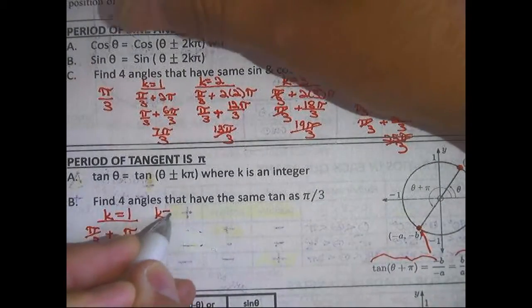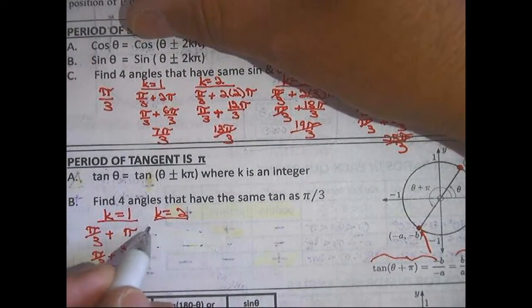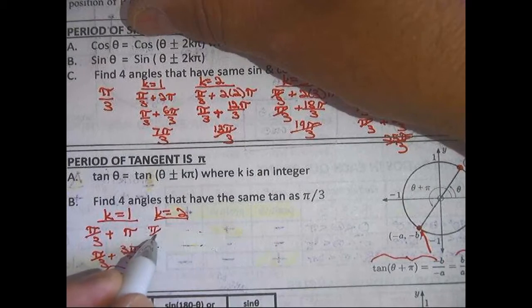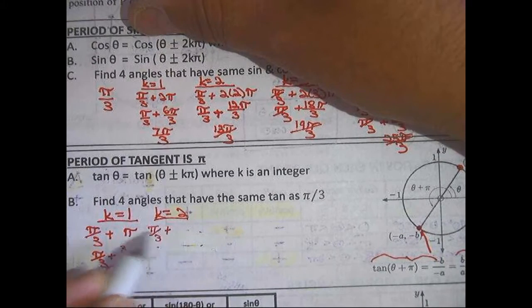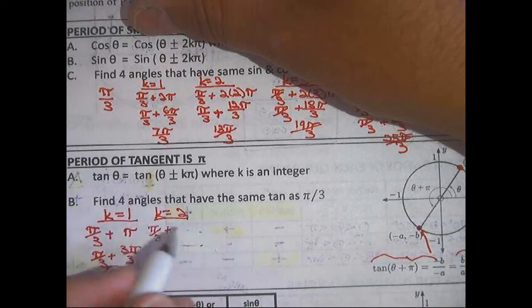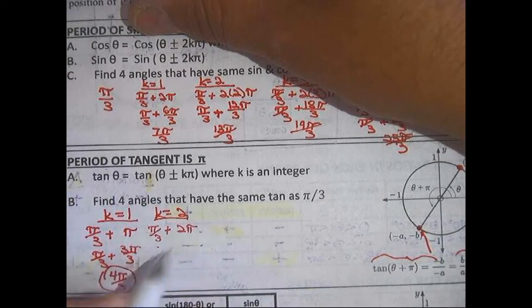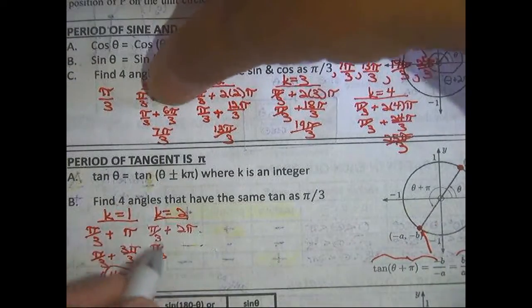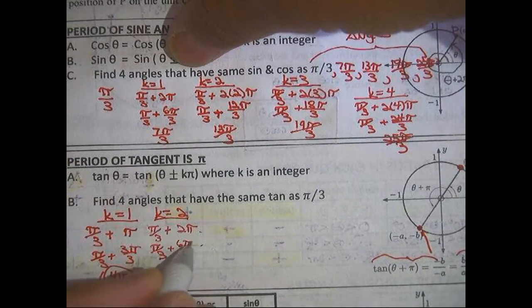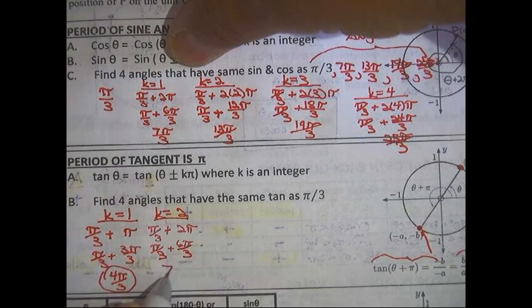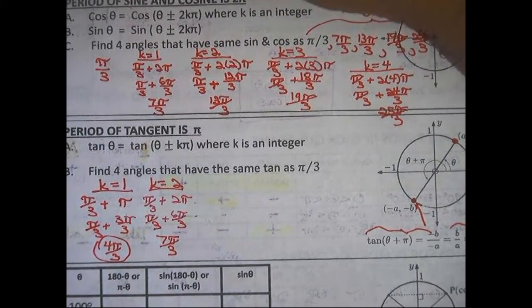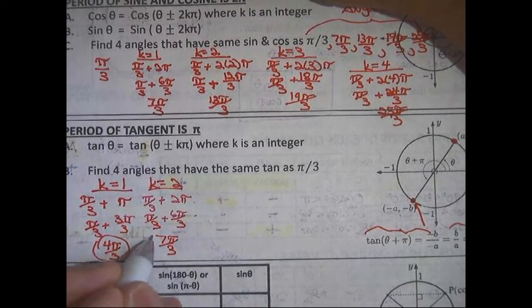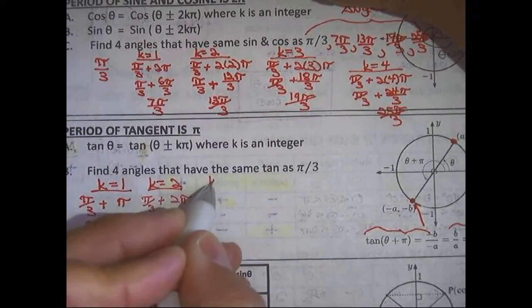K equal 2, I would have pi over 3 plus 2 pi. So that's pi over 3 plus 6 pi over 3. That's 7 pi over 3. And so on.